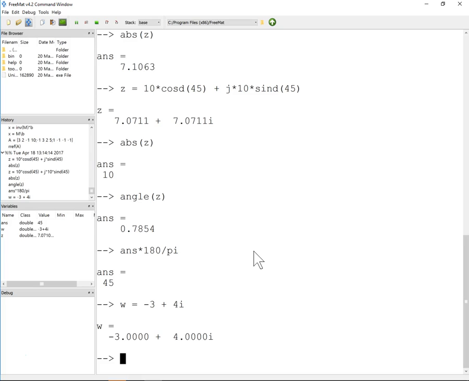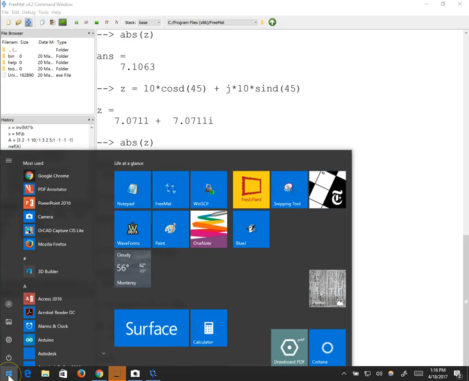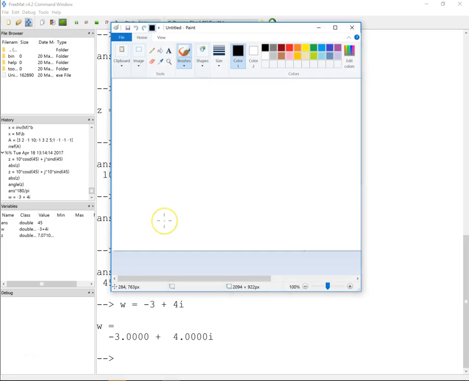Now, the phase angle, do I need a picture? I kind of need a picture. We can't talk about this stuff without some kind of diagram. So where is that complex number? Minus 3 plus 4i. Well, it's going 3 over in the real axis and up 4 in the imaginary axis.